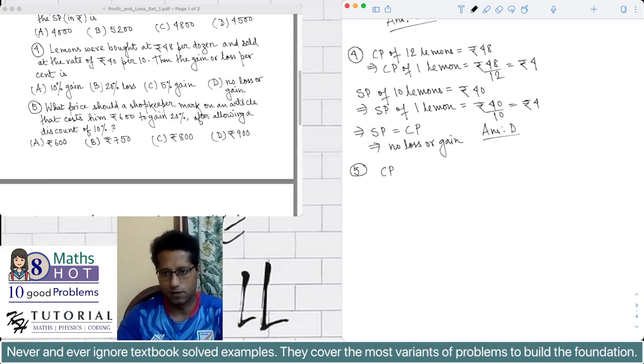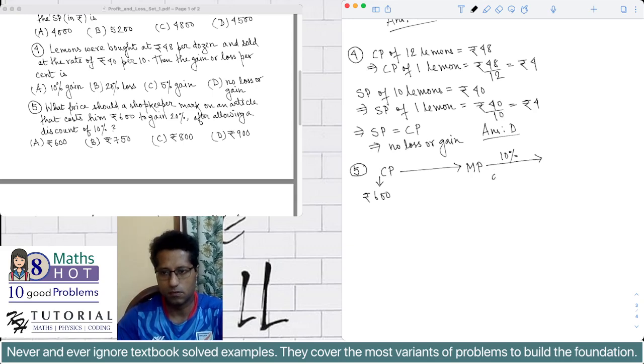Let's do a little bit of visual representation. The cost price is rupees 600. There will be a mark price, and from this mark price there is a discount of 10%.